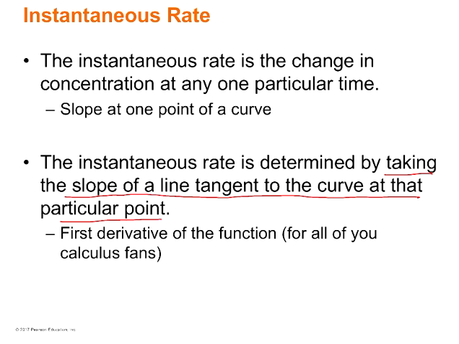So this is actually called the first derivative of the function. All right, so again, the instantaneous rate is the rate at a very particular point, whereas the average rate is over a specific time period.